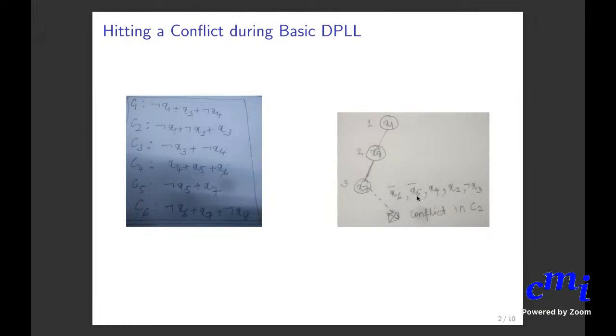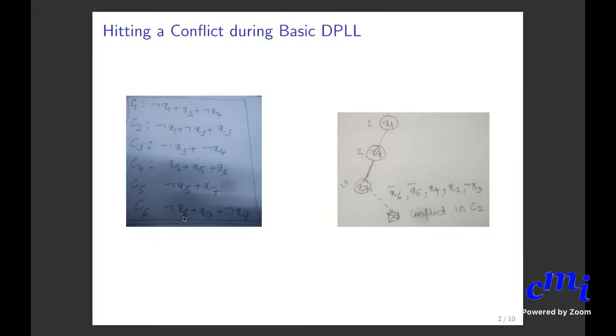X7 also forces C6 to become unit. Because X7 is 0, this term is already gone, so C6 is unit, which forces not X6 to be 1.